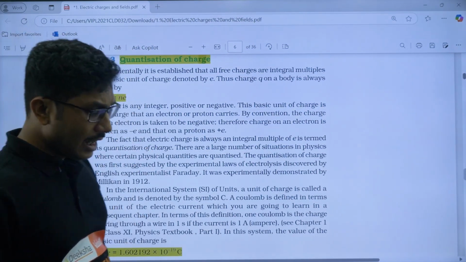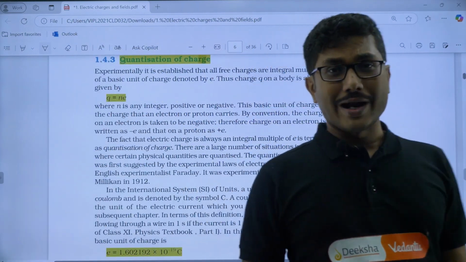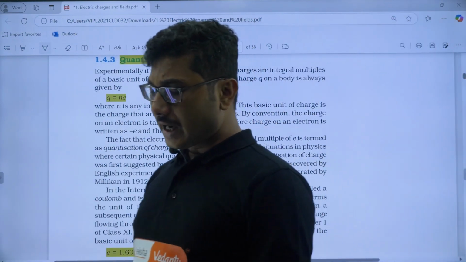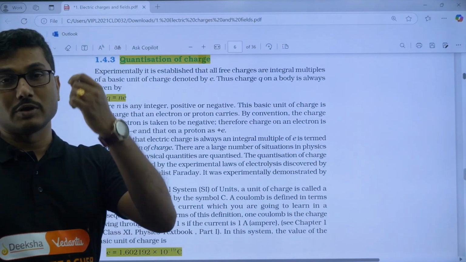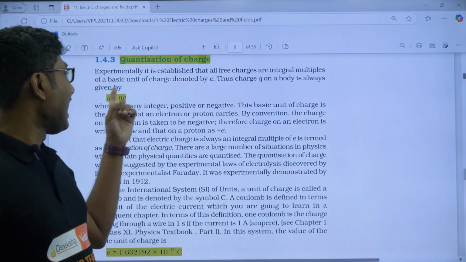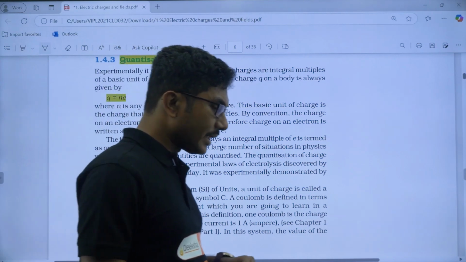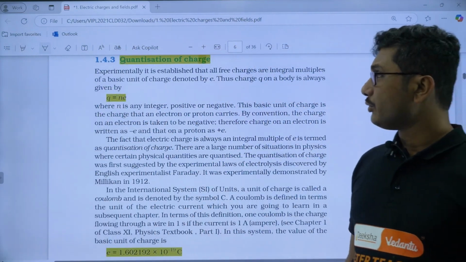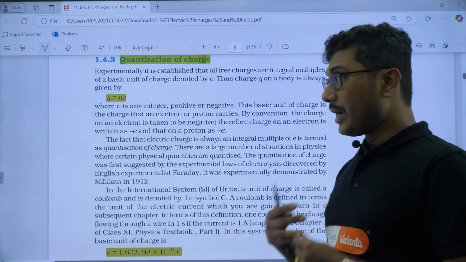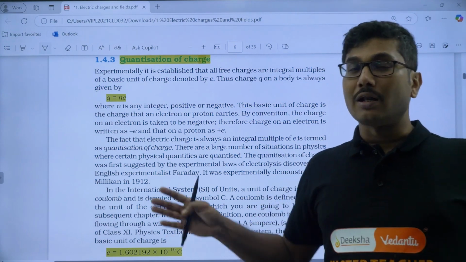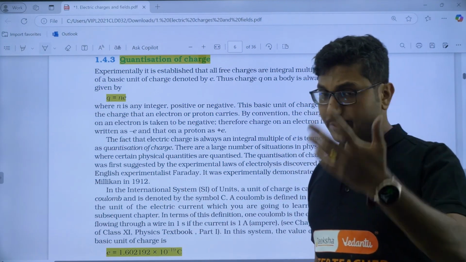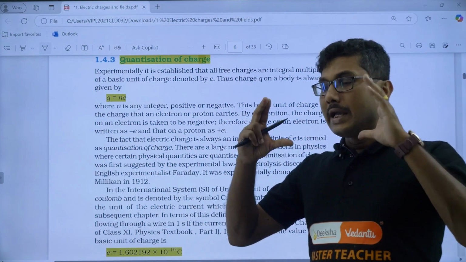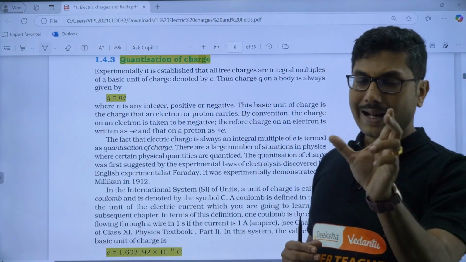Now this is where the concept of the electron comes in: quantization of charge. All the charges that we see are a multiple of the lowest possible charge, that is e, and the charge of any object can be represented by Q equals n e. So charge is a quantized quantity. You cannot take any arbitrary value. What is the meaning of quantization? As I discussed in my previous lectures, quantization means it comes as a packet system.